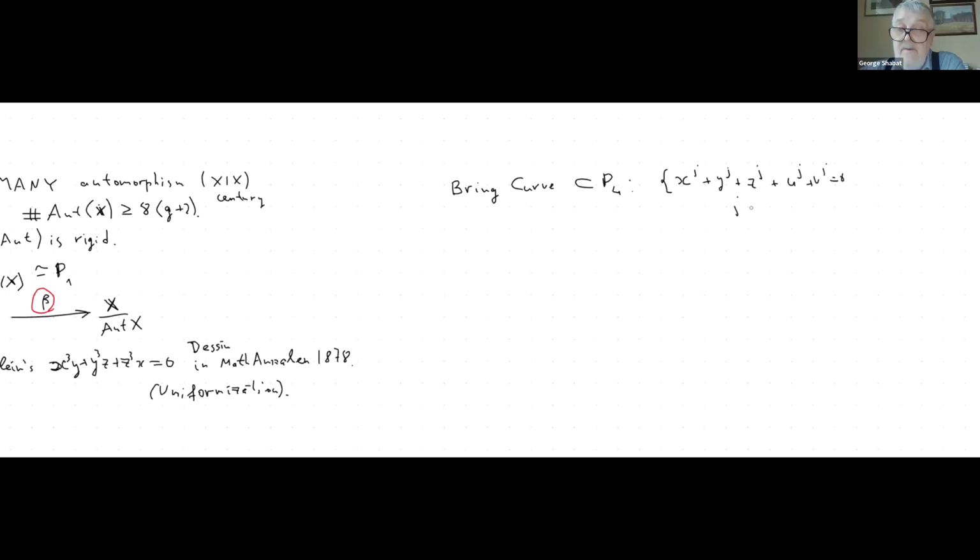So it is a system of 3 equations. You could ask, so it sits in the hyperplane in projective 4 space, so why not write it as a space curve? The answer is that its automorphism group is precisely S sub 5, permuting coordinates.